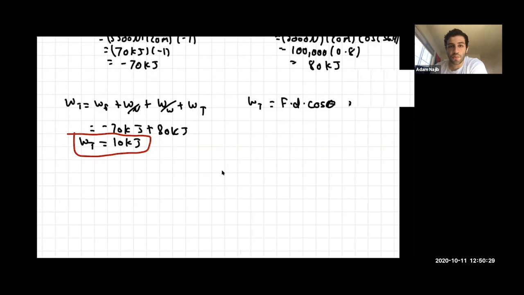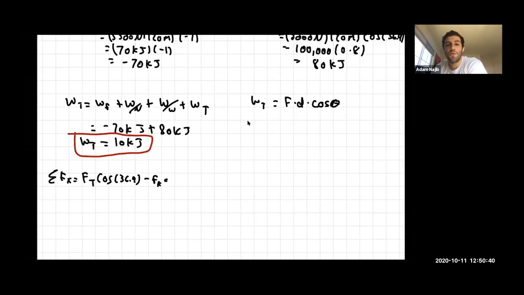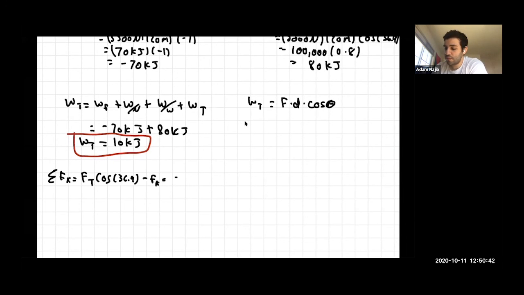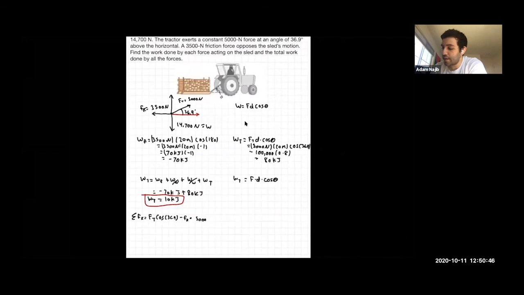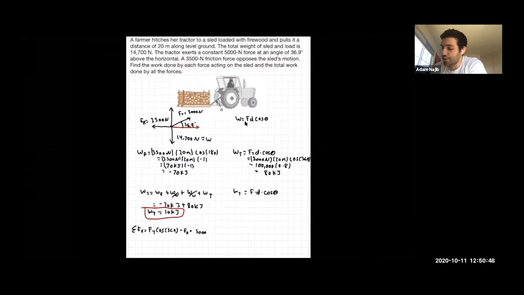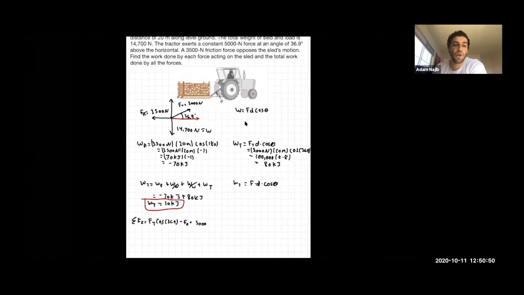And this should all be equal to, let me move this down, the sum of forces in the x direction should be equal to 5,000 newtons, right? Oh, I'm sorry, that's the force done by the tractor through the chain that's connecting them, times cosine of 36.9.